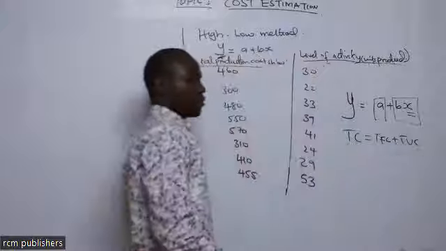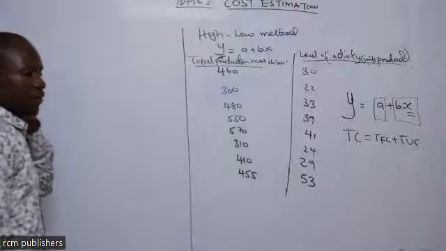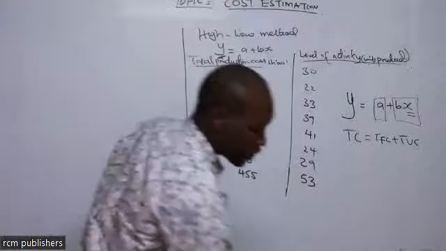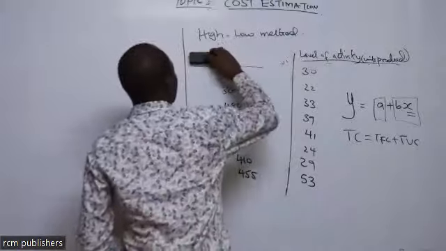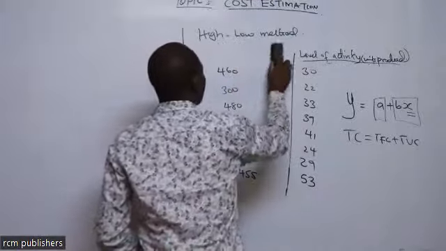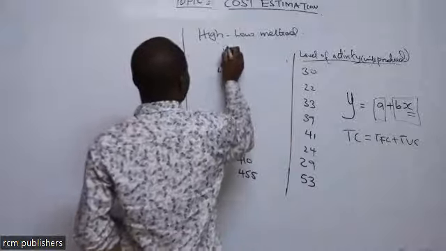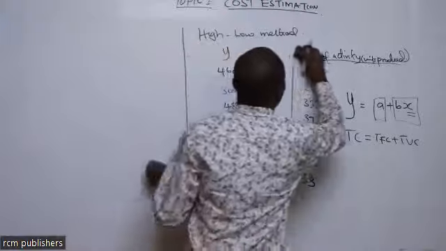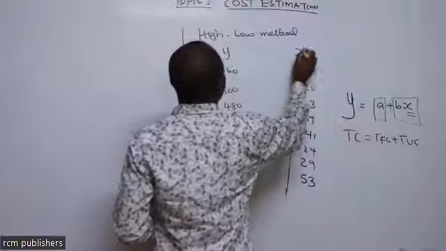Once you know that, there's no need of rewriting these titles. We now know very well that you only have two: y and x.